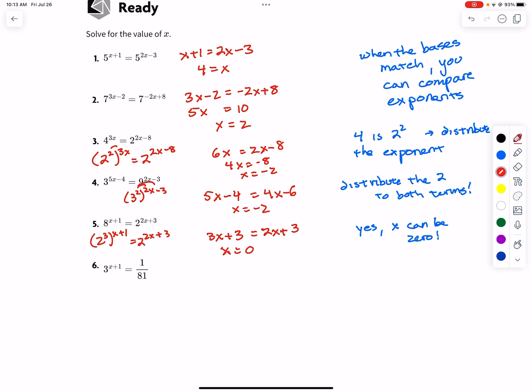1 over 81. I'll write a note over here. Negative exponents flip numbers.